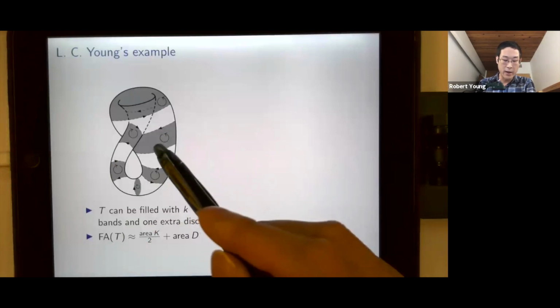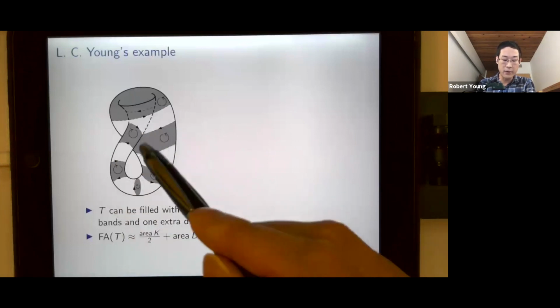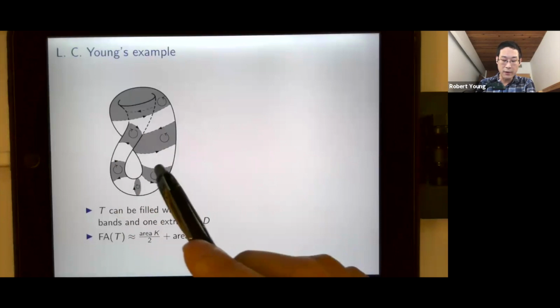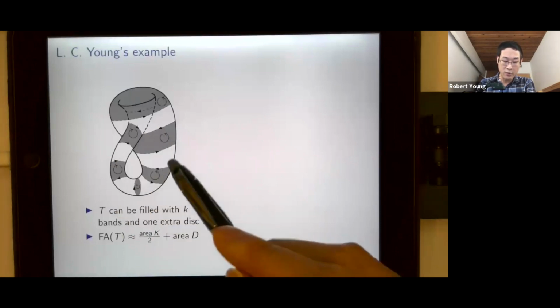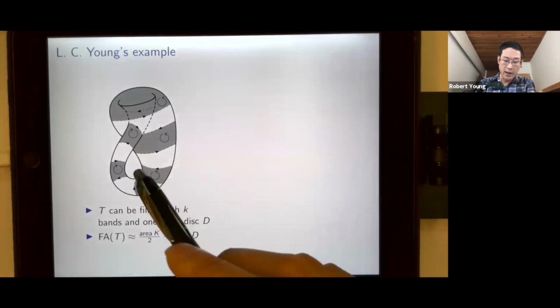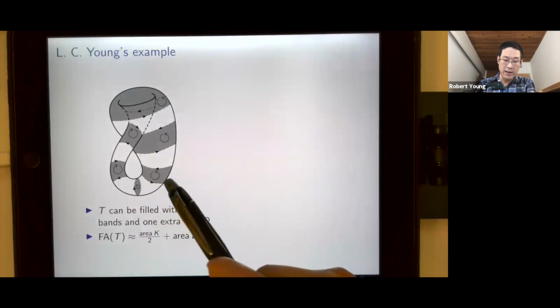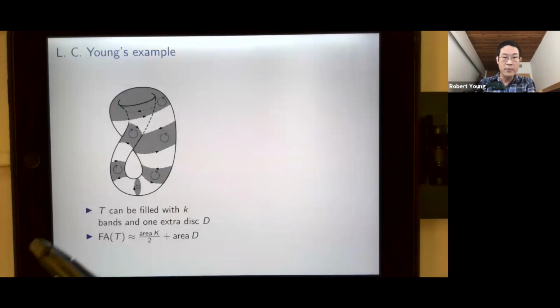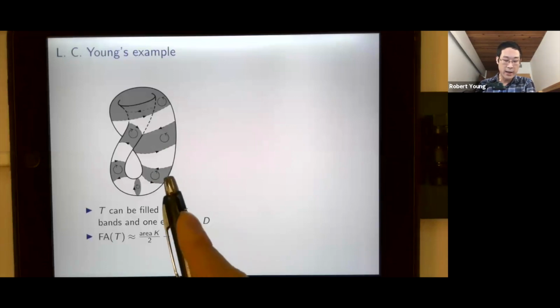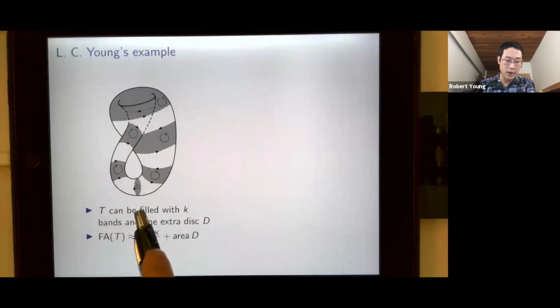And so we can construct a filling of this curve by just pairing up these curves 2 by 2 by 2 by 2, and filling the area between each pair of curves with a cylinder. The only problem is that because we started with 2k plus 1 curves, we're going to get k cylinders, and then we're going to have 1 curve left over, and we have to fill that curve with a disk.